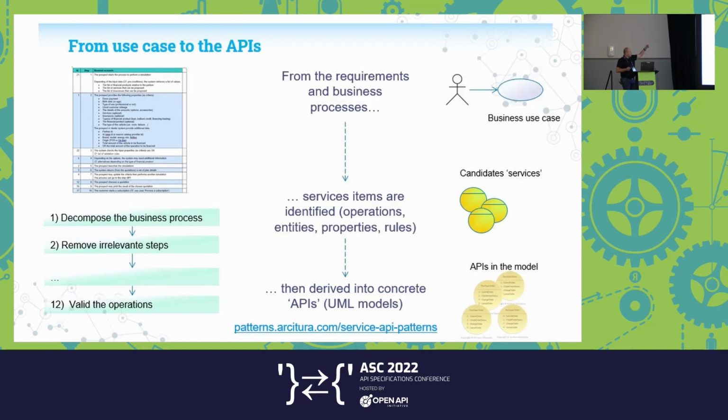Okay, here this is just in a nutshell. I won't detail, but usually with the business people, we write narrative use cases. It could also be a free-form diagram, a workflow, something like that.